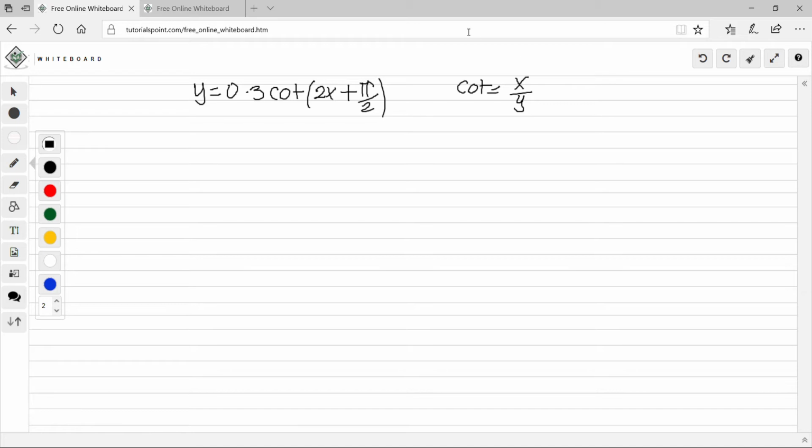So period is pi over b, not 2 pi over b. So it's pi, and our b is 2. So that's our period.